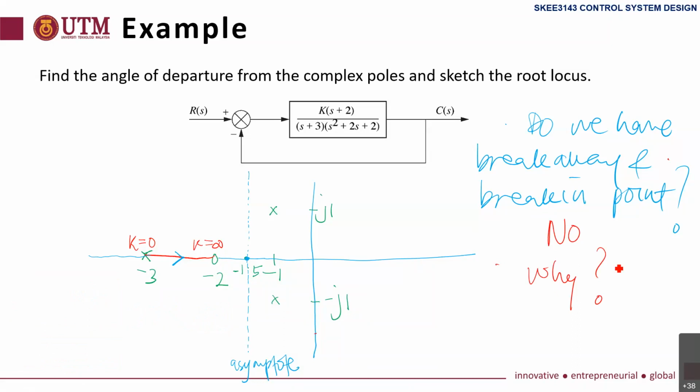Because there are no poles side by side. Yes. Break away happens only if we have poles like this, side by side, adjacent.